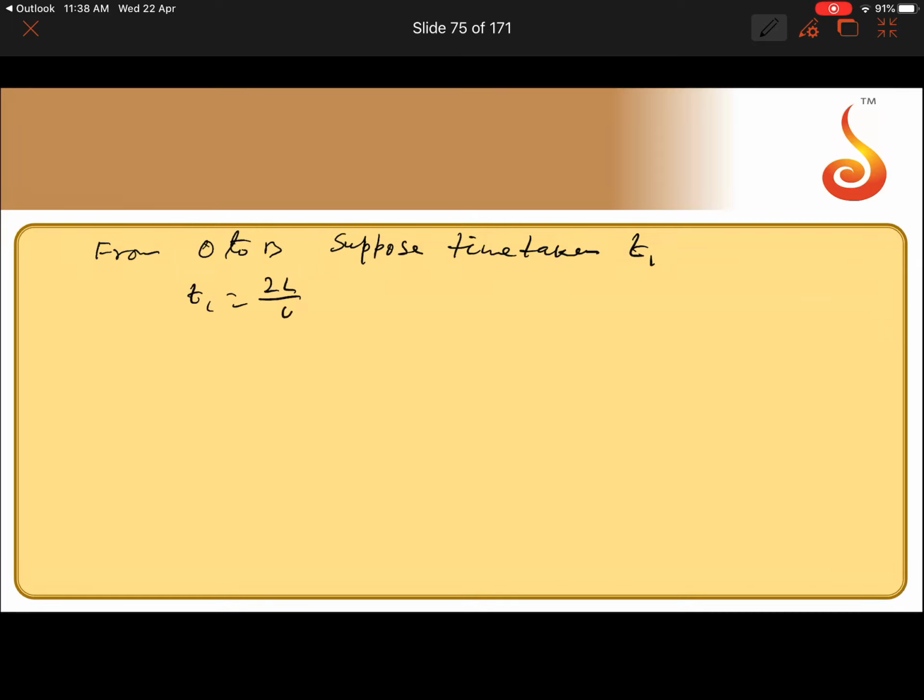So this T1 will be 2L by u, and the horizontal component will be fixed, and Vy will be Ay into T, that is e sigma by m epsilon naught into this time 2L by u. So this is at B.